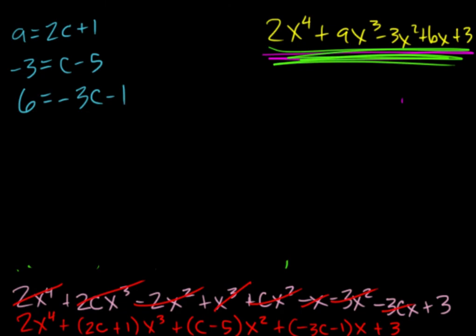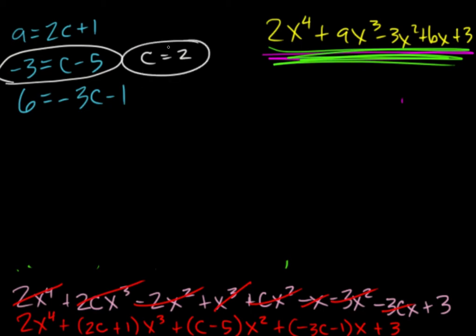Okay, so what we should do first, I'm going to use this equation to find c. I'm just going to add 5 over here, and that means c equals 2. Oh wait, that was a b, not a 6. Okay, that's why I was kind of confused. This was a b.